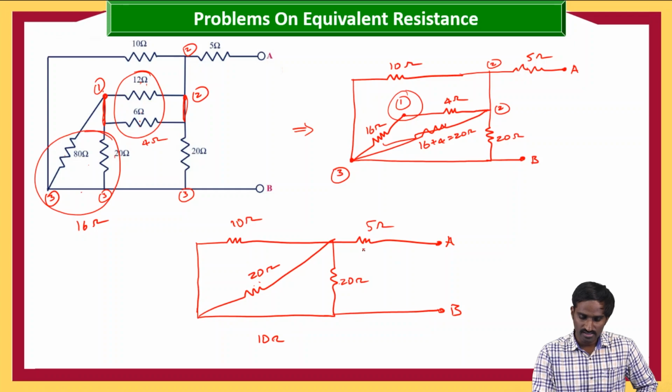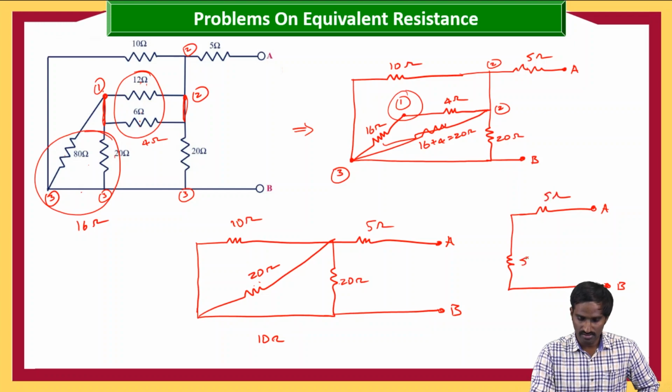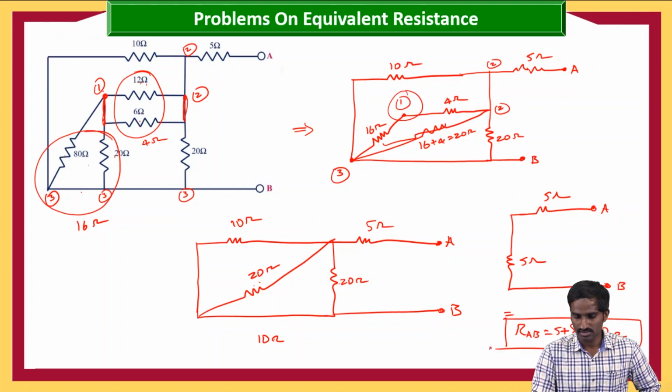So in the place of 20 you will be having 5. Then here it is A and here it is B. Here it is 5 ohms and here it is also 5 ohms. Then RAB is equal to 5 plus 5, which is equal to 10 ohms. So this is the answer.